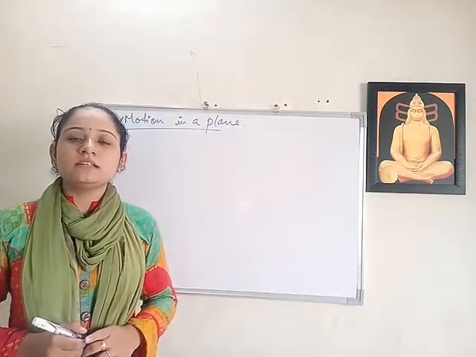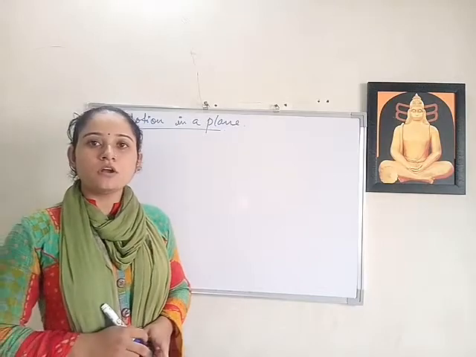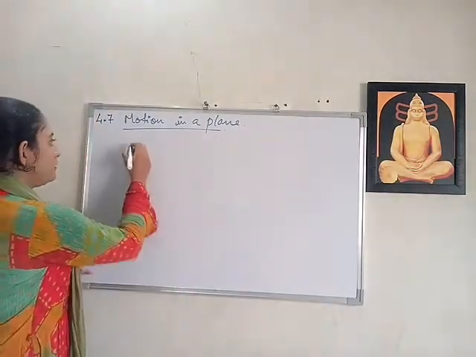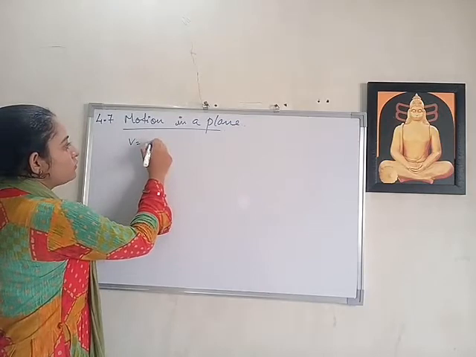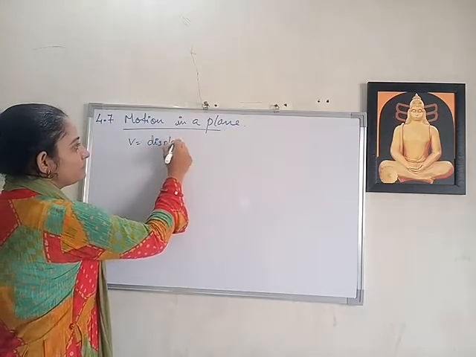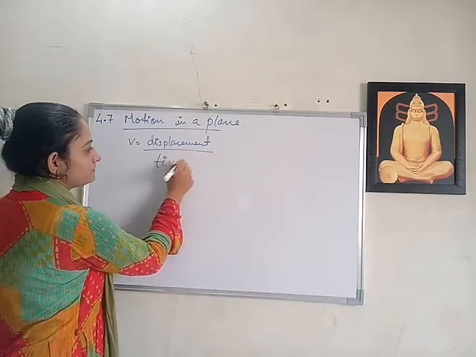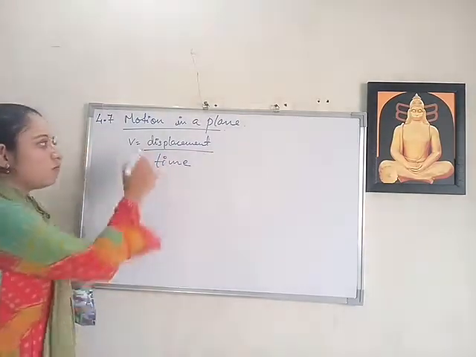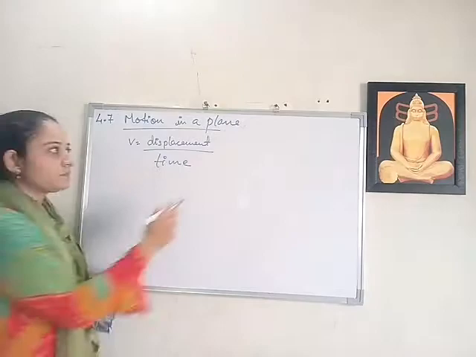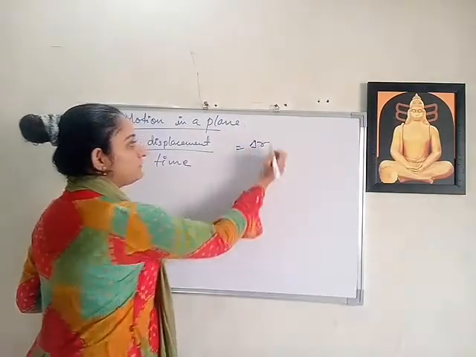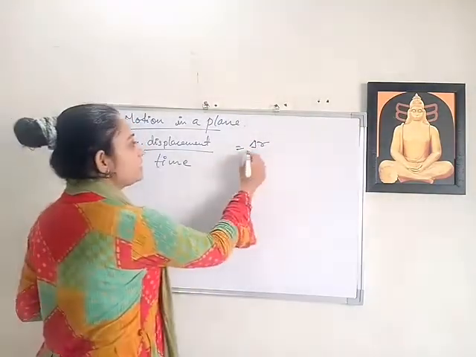Velocity is the displacement upon time. So velocity v equal to displacement upon time. So here what was the displacement? Delta r.